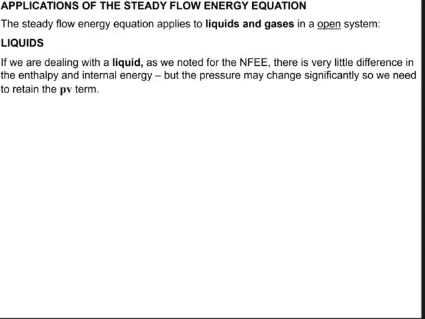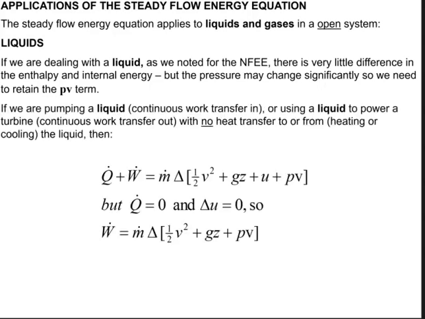But if we are pumping, let's say, a liquid, and there is continuous work going on, and we are providing continuous power, there is continuous work in and continuous work out, and there is no heat transfer. Heating or cooling of the liquid does not happen. The liquid that enters the pipe at a temperature T1 exits the pipe at temperature T1. So because of the flow of the liquid, temperature is not changing. So what will happen? How do we describe this Bernoulli's equation?